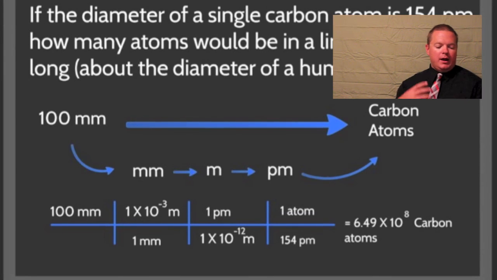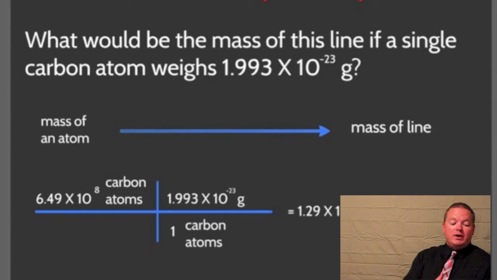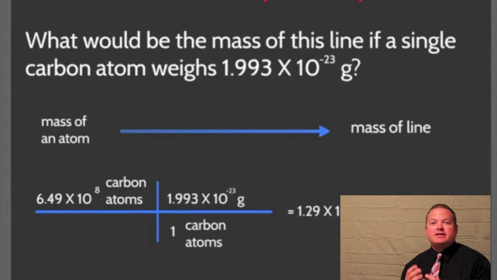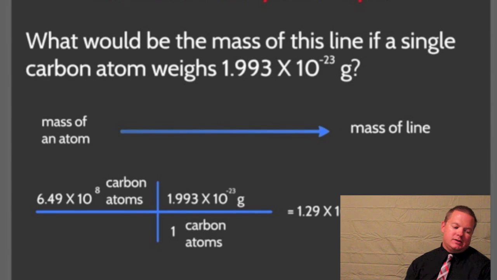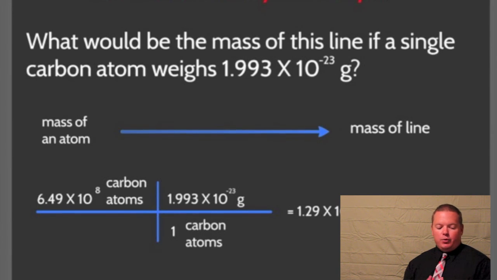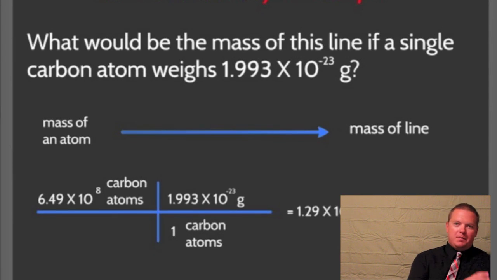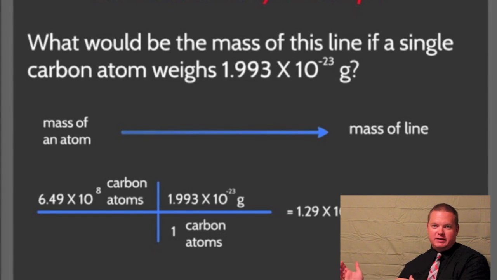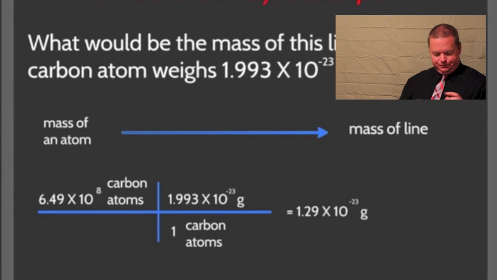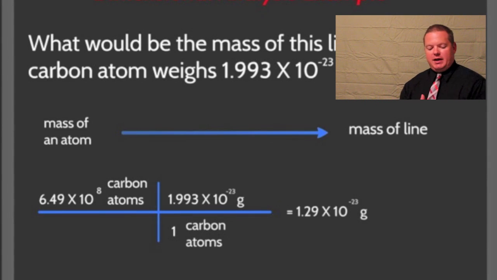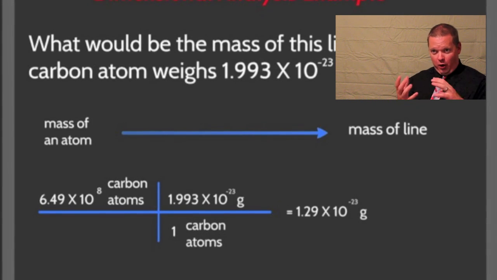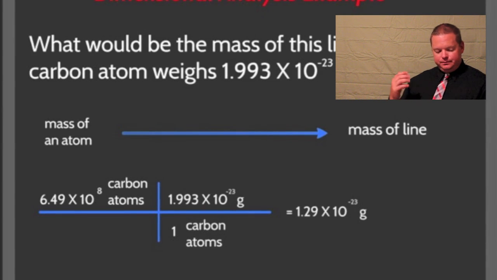We can then take that a little further and ask, what is the mass of the line if a single carbon atom weighs 1.993 times 10 to the negative 23 grams? Again, we want to go from the mass of an atom to the mass of the line. This time it's only going to take a single conversion because we know the mass of a single atom.